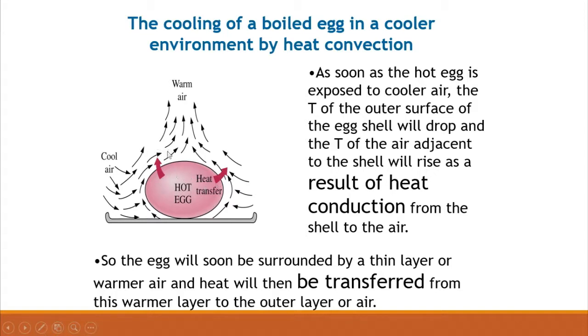As we know, heat moves from high temperature to low temperature, and as soon as the hot egg is exposed to the cool air, the temperature T of the outer surface of the eggshell will drop, and the temperature of the air adjacent to the shell will rise as a result of heat conduction from the shell to the air. So the egg will soon be surrounded by a thin layer of warmer air, and heat will then be transferred from this warmer layer to the outer layer of air.